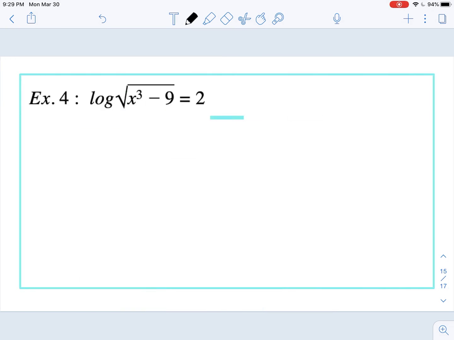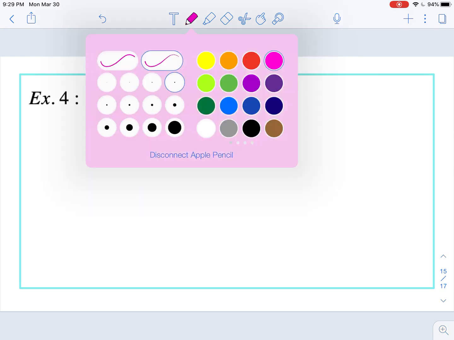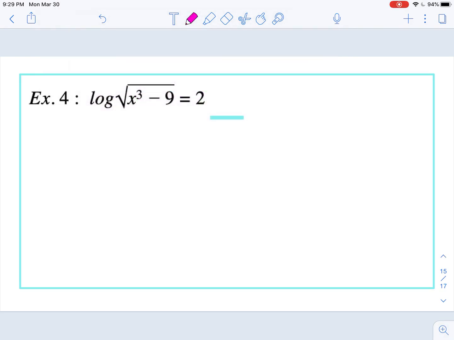All right. Let's move on to example number 4. Even though it has a square root like example number 3, our strategy is actually going to be a little bit different. Again, one thing that I tend to do is anytime I don't see a base, I write out what it is so I know what it is for later.